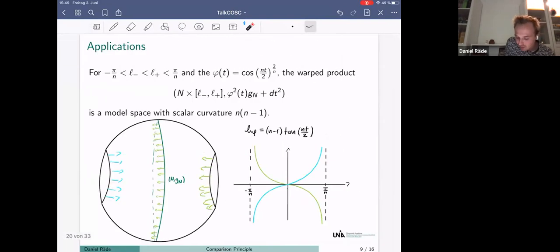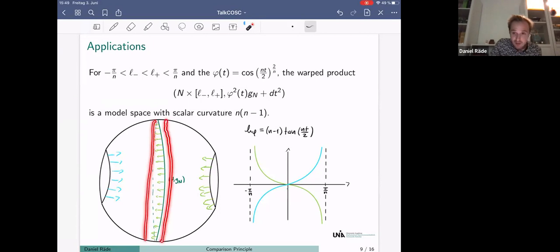And if we put this arbitrarily small, it will still be negative, right? So what we can do is this comparison with arbitrarily slim model spaces. And this is a contradiction because the width of the band is some positive number.